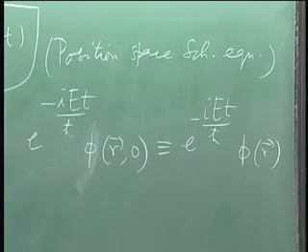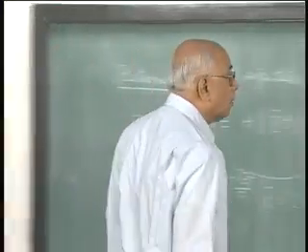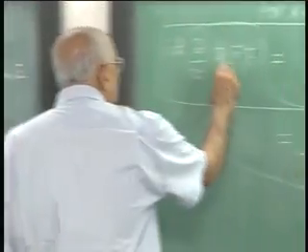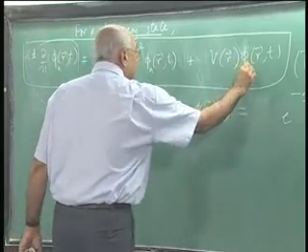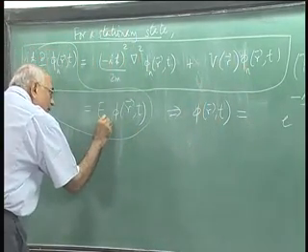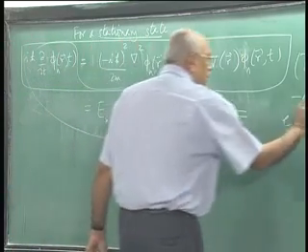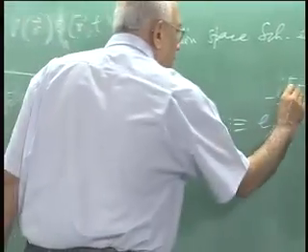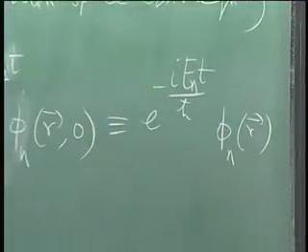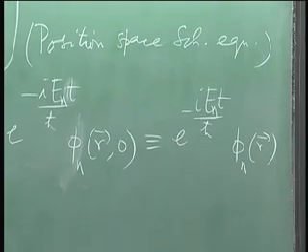That is for one stationary state, but for the general stationary state which is labeled by this quantum number n, then of course I have n here, and this is E n here and phi n, so phi n of r and t is e to the minus i E n t over h cross phi n of r.